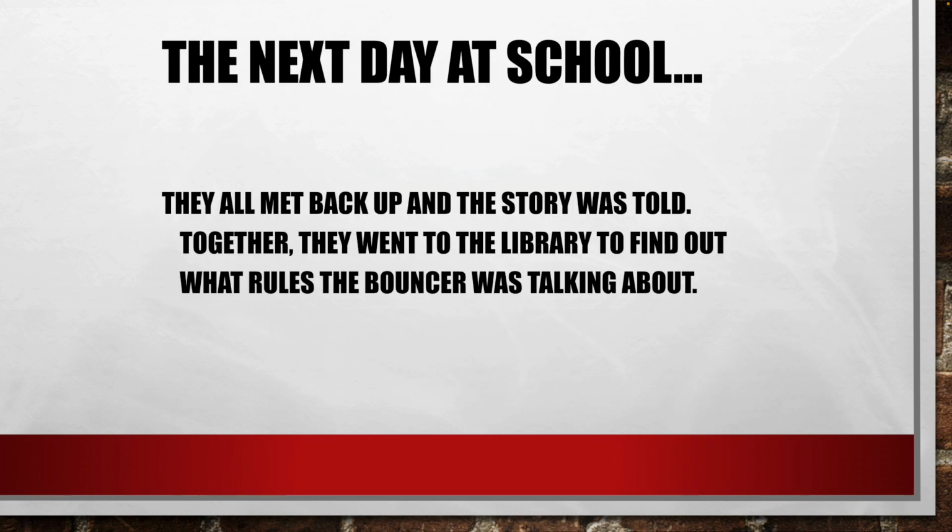So the next day at school, they all met back up and they told the story of why they weren't there. So they decided to go to the library to find out what rules the bouncer was talking about. And this is what they found. The first rule was that all non-zero numbers are significant. So any number that is not a zero is automatically considered significant.